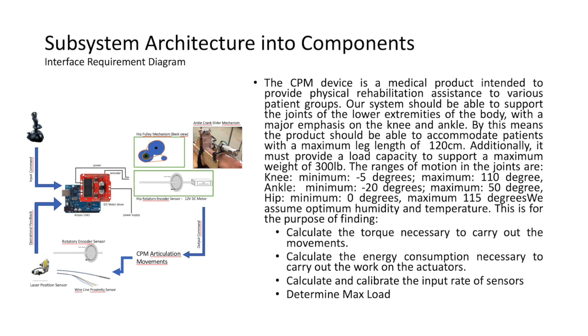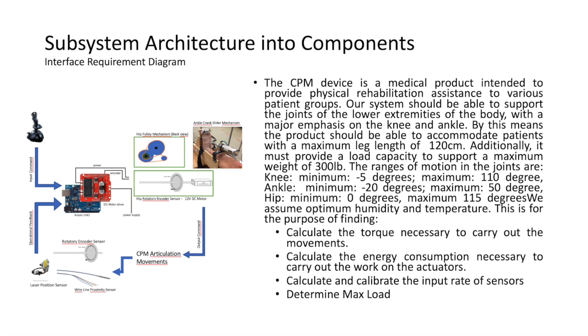The range of motion in the joints are: knee with a minimum of -5 degrees and a maximum of 110 degrees, ankle with a minimum of -20 degrees and a maximum of 50 degrees, hips with a minimum of 0 degrees and a maximum of 115 degrees. We assume optimal humidity and temperature.